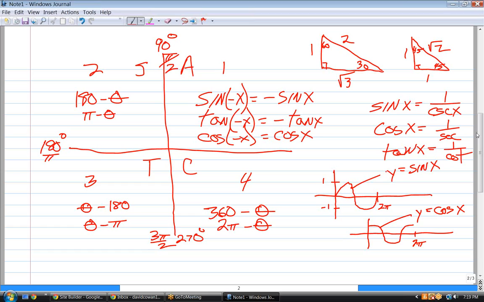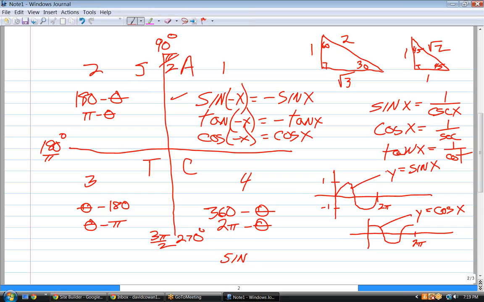So 7 pi over 4, which quadrant? It's going to be the 4th. Okay. So we're looking for the equivalent. It's negative 7 pi over 4, so it's going to be the first quadrant. Or we could use this property right here.